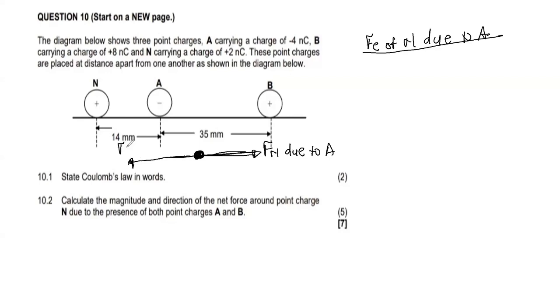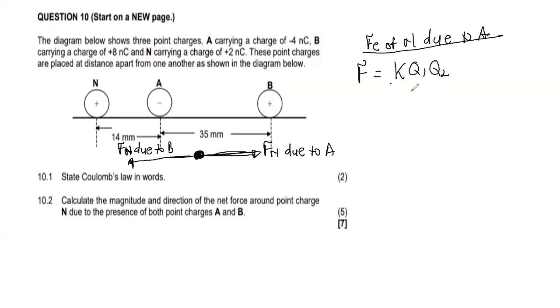And this will be the force of N due to B. Right. So now you get the whole point. This is the force of N due to A as it is attracted towards A. And this is the electrostatic force of N due to B as it is repelled away from B. Right. Then in having to calculate here, we apply our formula F equals K Q1 Q2 over R square.